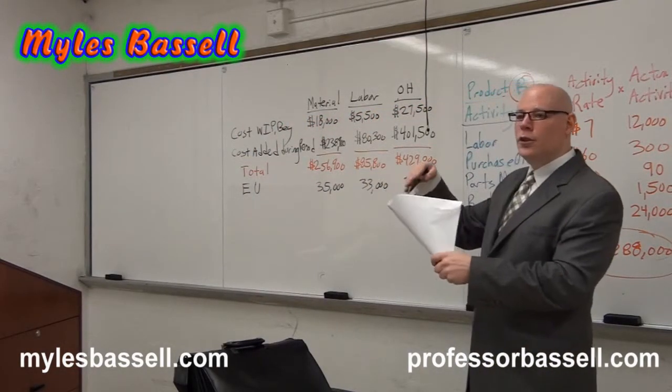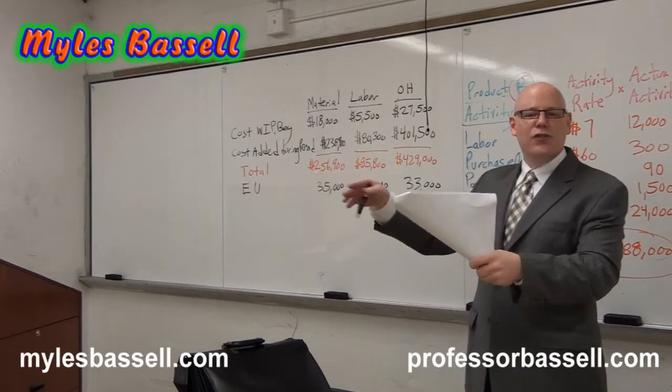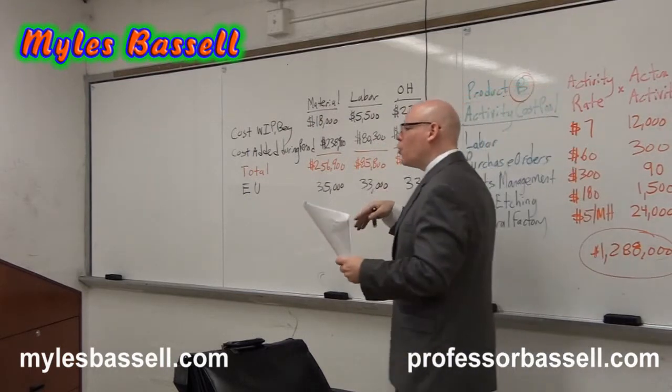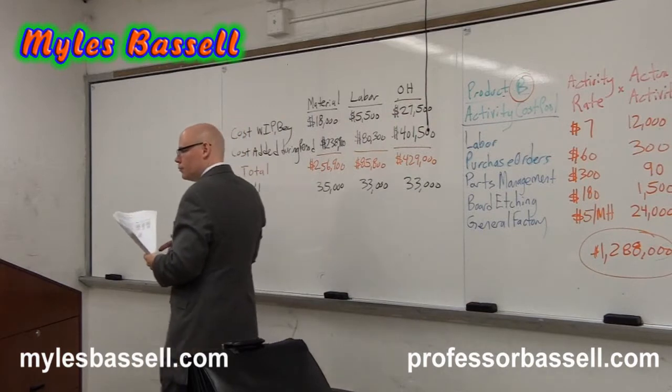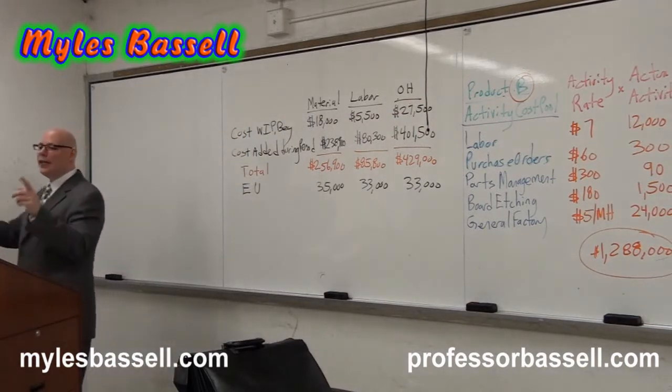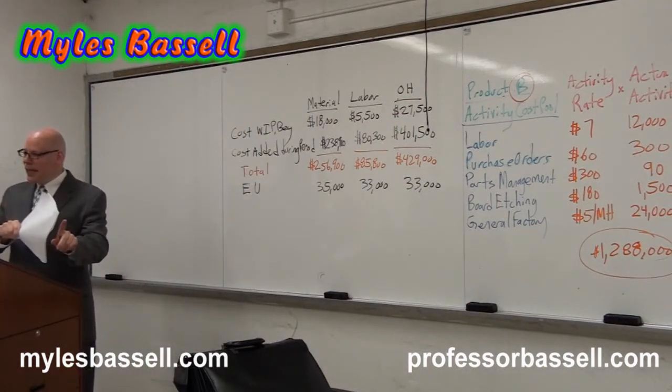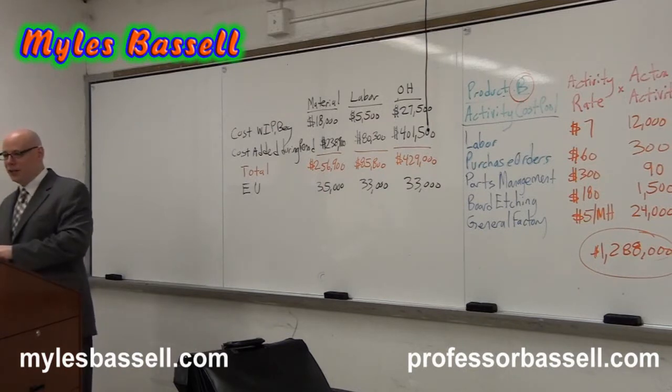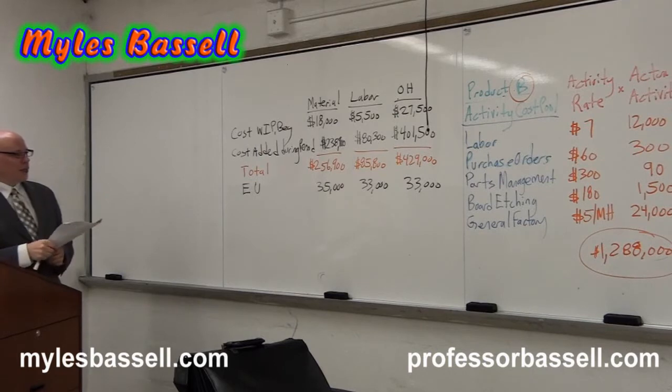We need to know, and the way that we take that into account is those are what we're going to look at as the equivalent units. Those were partially completed last period that now we've converted into finished goods. So that's why we need to look at this. And what we're going to figure out is per unit. What is the per unit cost?